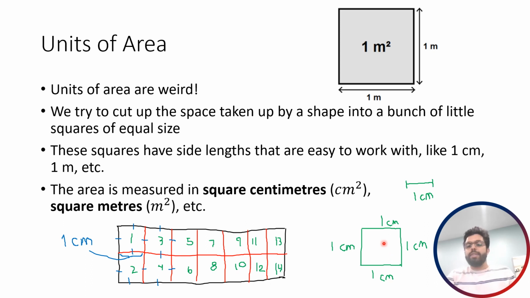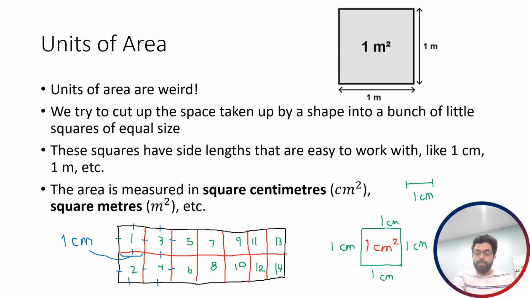So what we've decided in math is that the area taken up by a square whose side lengths are all 1 centimeter, like the square here, is 1 square centimeter. The way we write that is cm with a little 2 up there. That little 2 is actually an exponent.